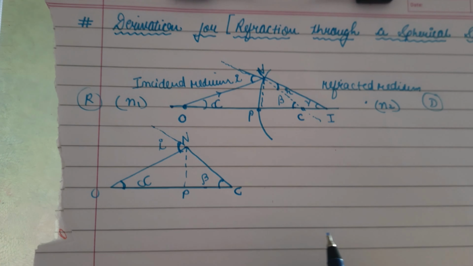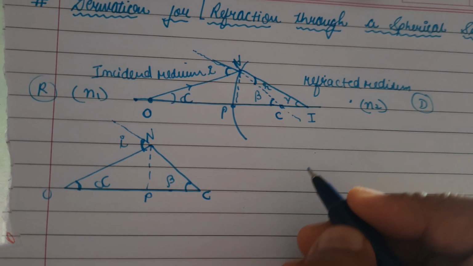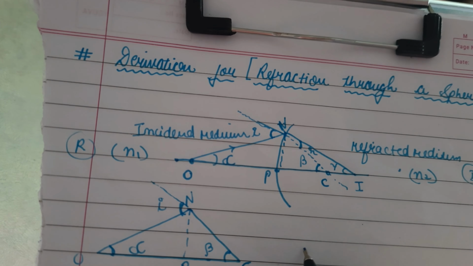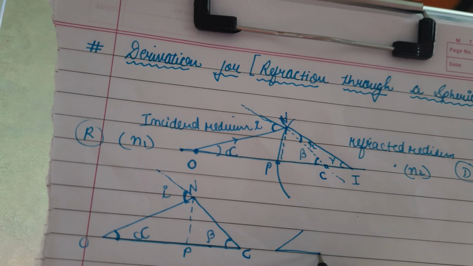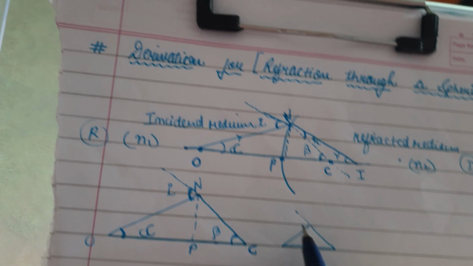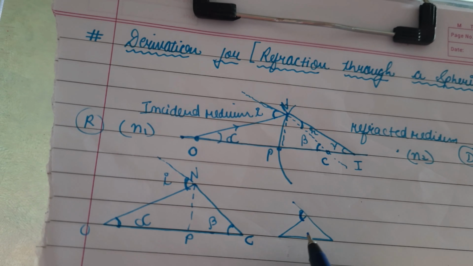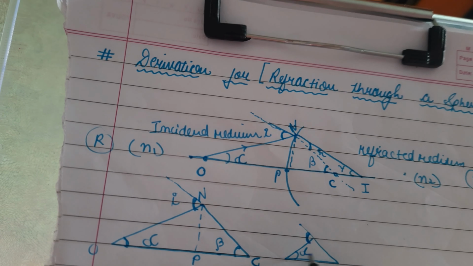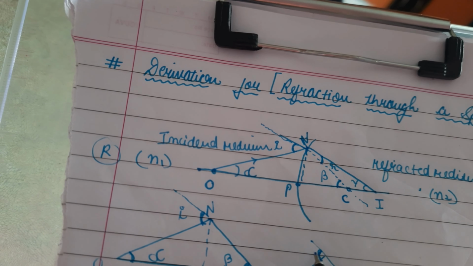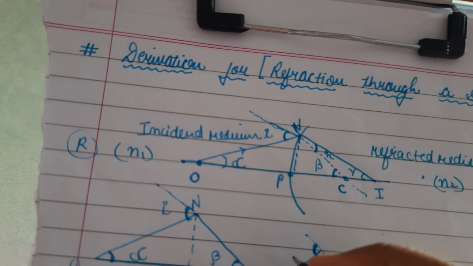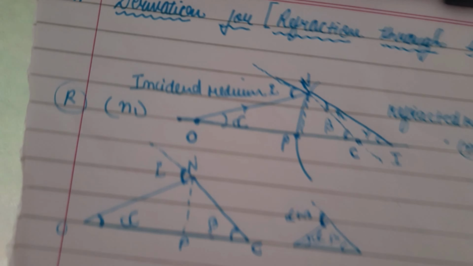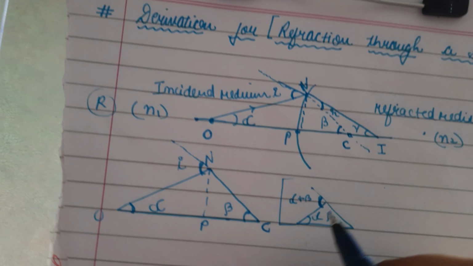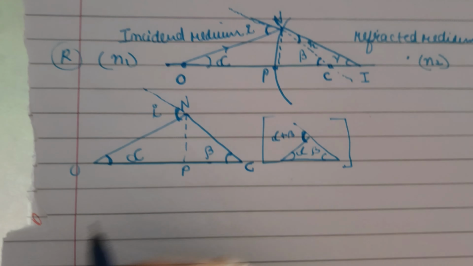Now as we studied in mathematics, if a triangle is like this, the exterior angle is the sum of the opposite interior angles. So this angle will be alpha plus beta. We studied this in previous classes.